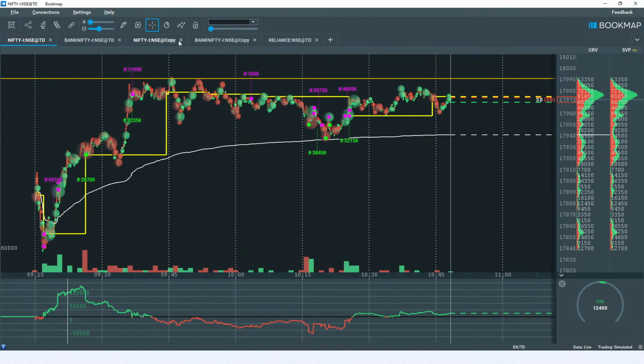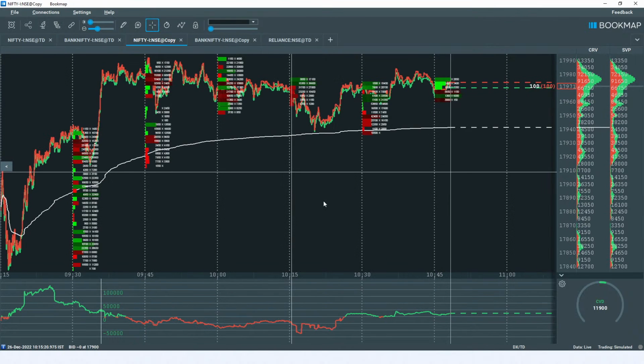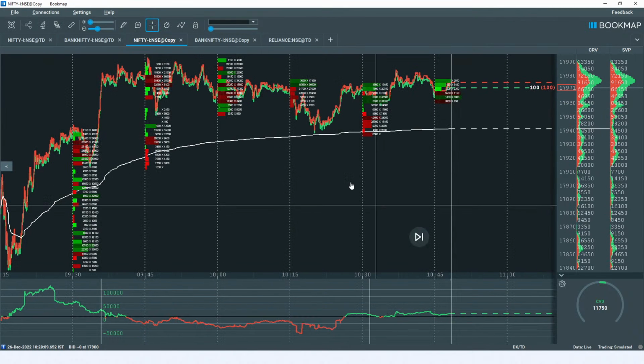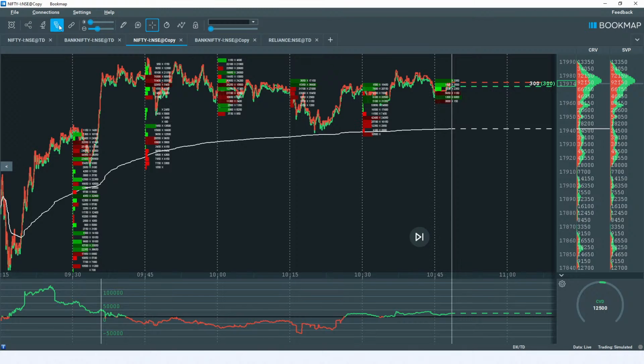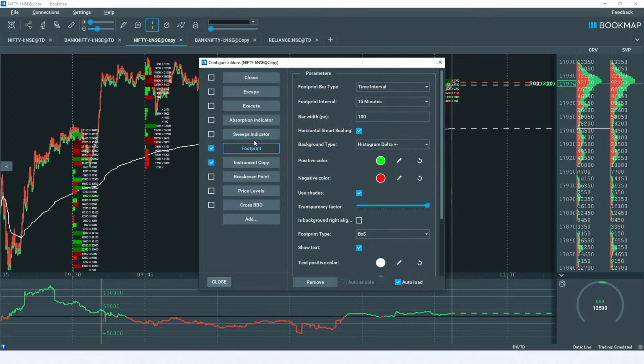Let me explain the footprint chart settings specifically, because this is one of the key pieces of information we get for a specific interval or range. If you go to configure add-ons, footprint chart, there are so many settings. I have conducted a separate session on all the settings, but I will explain a few important configurations.